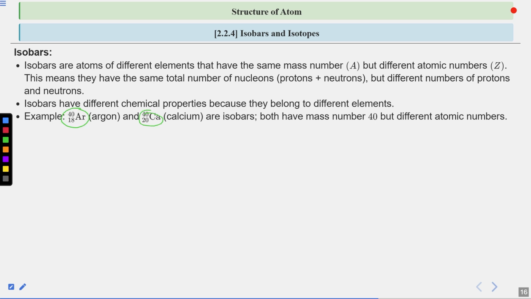You can see that they have the same mass number of 40, but argon has an atomic number of 18 and calcium has an atomic number of 20. Now you know it very well that calcium and argon have very different chemical properties. So what would you say about calcium and argon? I would say that calcium and argon have the same number of protons plus neutrons, but they have a different number of protons.